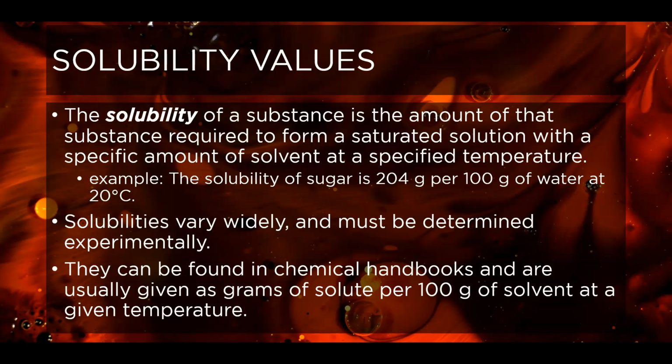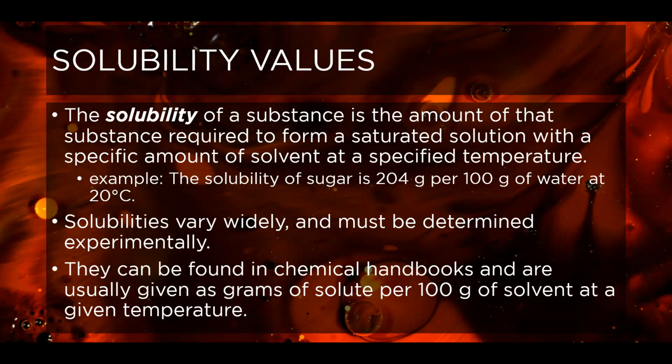So again, every solution has a particular solubility. Solubility is the amount that's required to form a saturated solution. In our example here with sugar, we can dissolve 204 grams per every 100 grams of water. And note the temperature required there, 20 degrees Celsius, because different temperatures are going to allow for different solubilities.